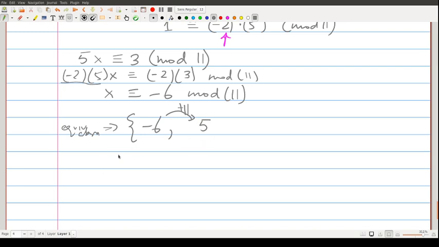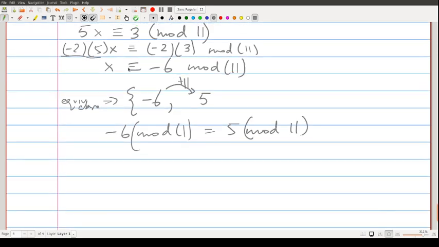And so minus 6 mod 11 is the same as 5 mod 11, right? And so your solution actually is x congruent to 5 mod 11.